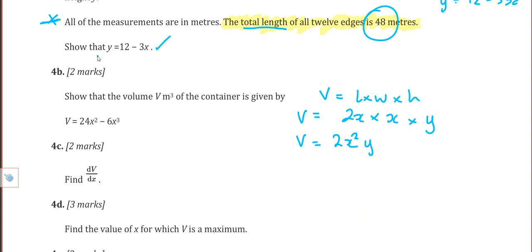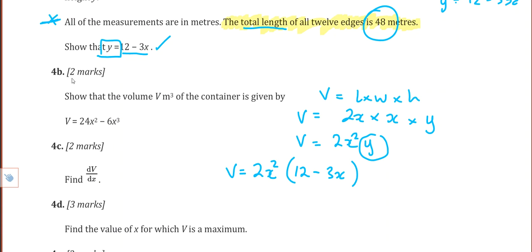Because A is y equals 12 minus 3x. This has no y's in it, therefore we need to replace this y with 12 minus 3x. So we've got v equals 2x squared times 12 minus 3x.